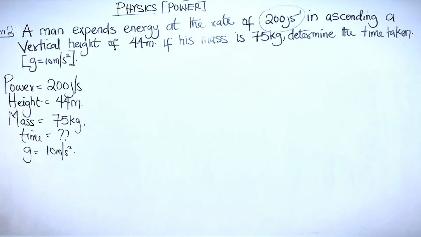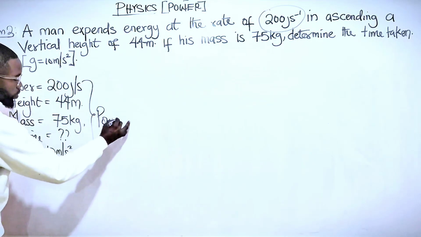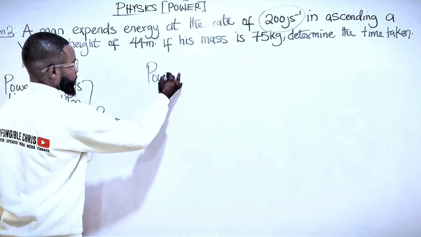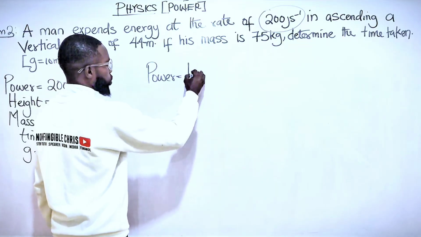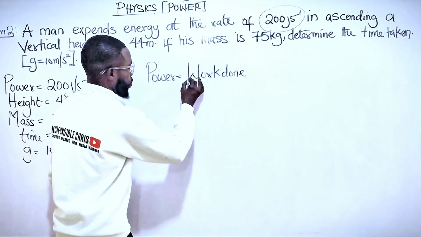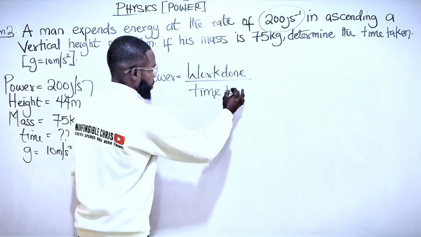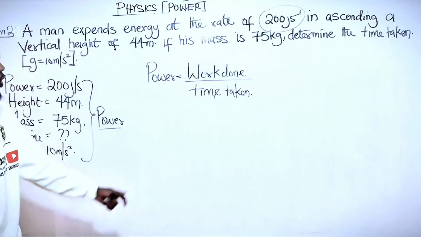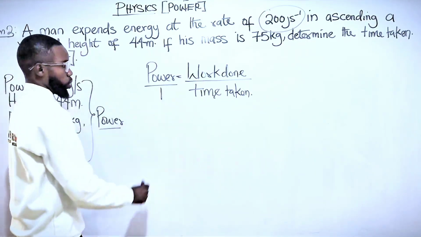Since we're given the value for power, it's still a question on power. Power is work done over time taken. But at this point, we are looking for the value of the time taken. So we cross multiply.